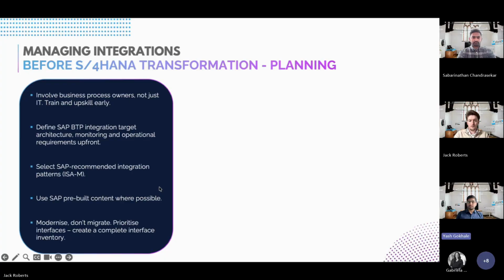Training them early is important, as with any new system, because they may know what Integration Suite looks like, but they may not know the advanced features within Integration Suite, or some of the extensibility capabilities. Defining a clear BTP architecture and monitoring operational requirements upfront is very important, because without a clear BTP integration architecture in place, teams will create point-to-point iFlows. They'll use inconsistent security methods.